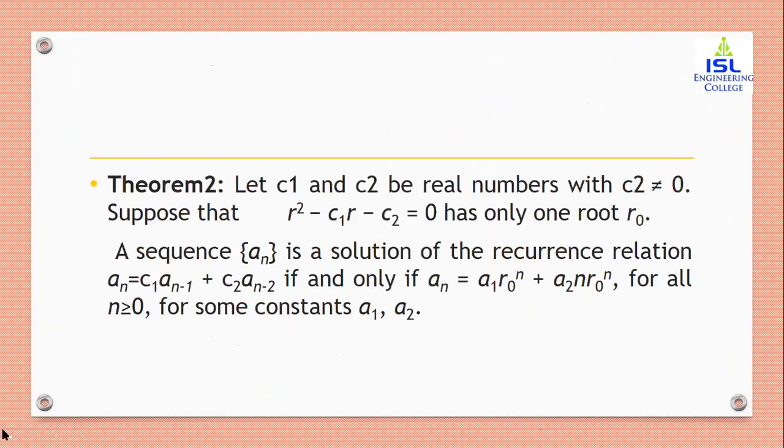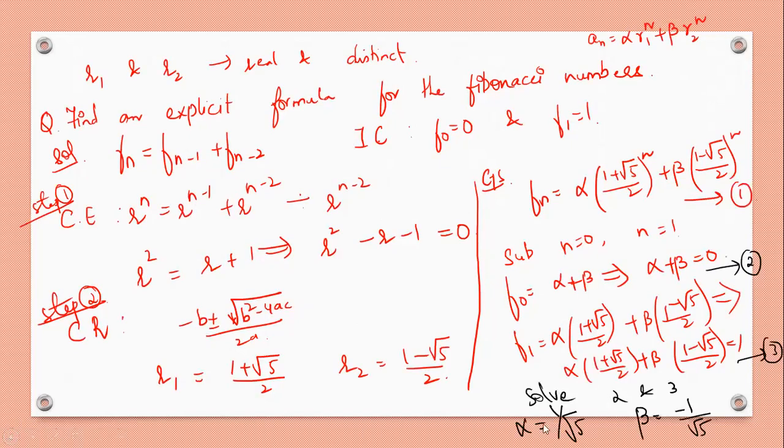We got alpha and beta. Now finally, I'm writing the solution. At the end, for the Fibonacci numbers, we substitute the alpha and beta values in equation 1.